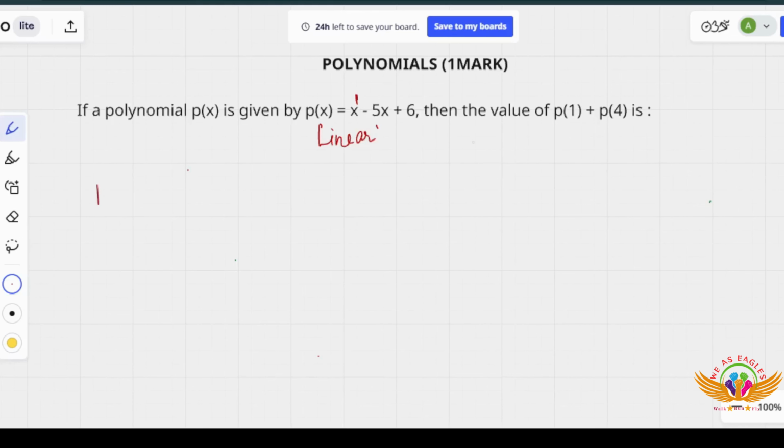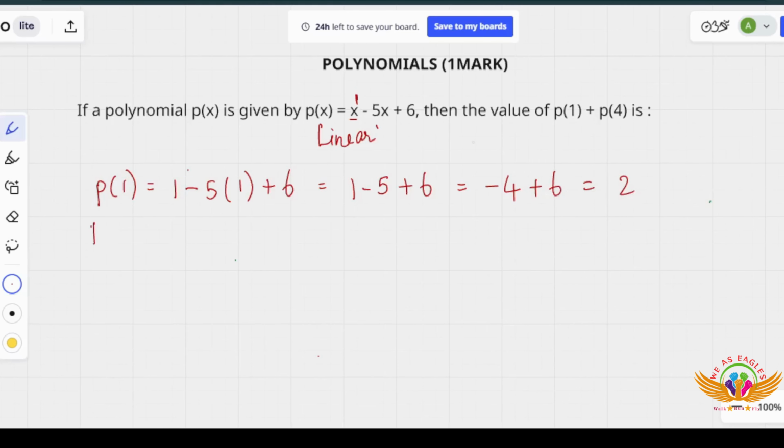First, p of 1 is equal to, in the place of x, replace it with number 1. 1 minus 5 into 1 plus 6. 5 in bracket means into 1. 5 into 1 is 5 plus 6. First do this: 1 minus 5 is minus 4 plus 6. 6 minus 4, that is 2. Always go with the bigger number's sign, that is plus 2.